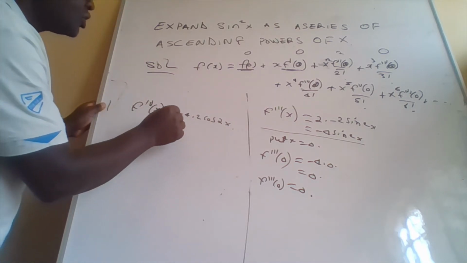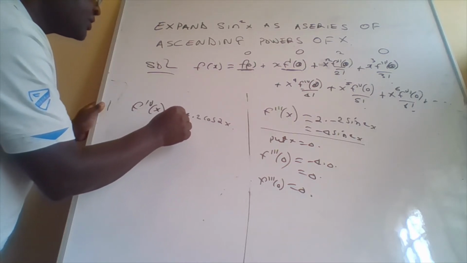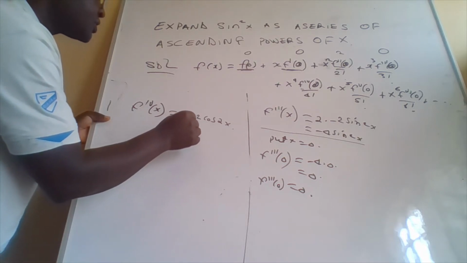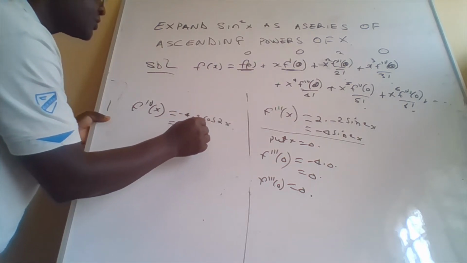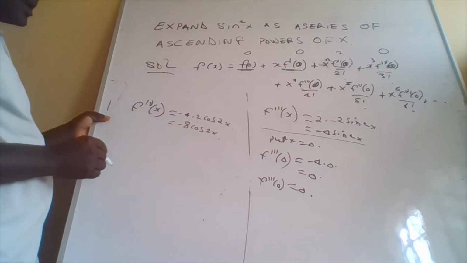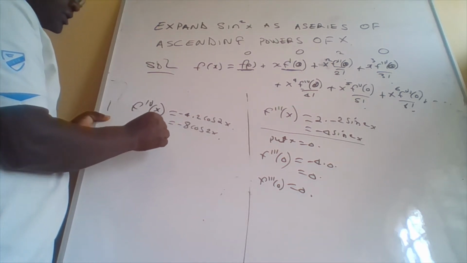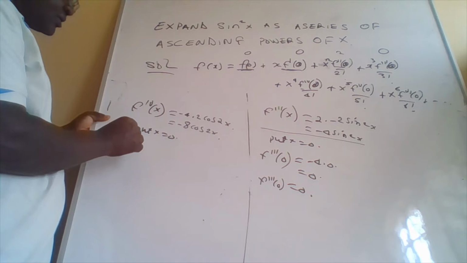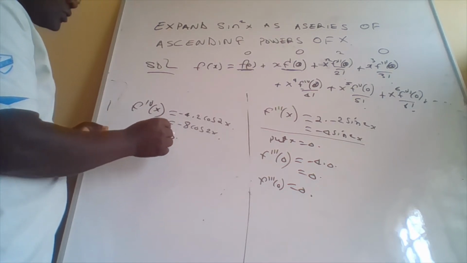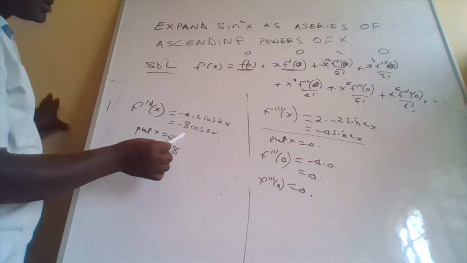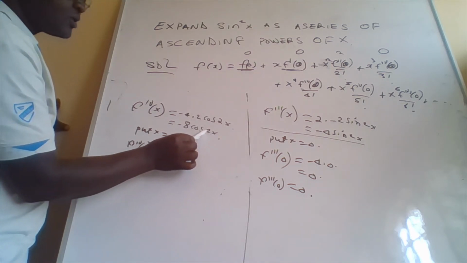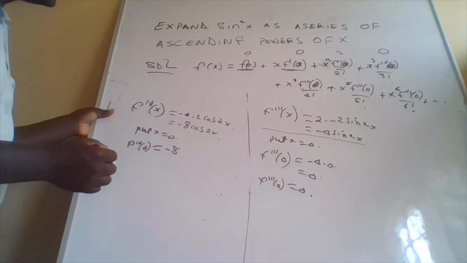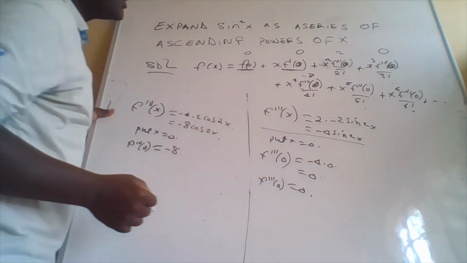So this equals negative 4 times 2, negative 8 cos 2x, and we put x equals 0. Because 2 times 0 is 0, cos 0 is 1, so we have negative 8.